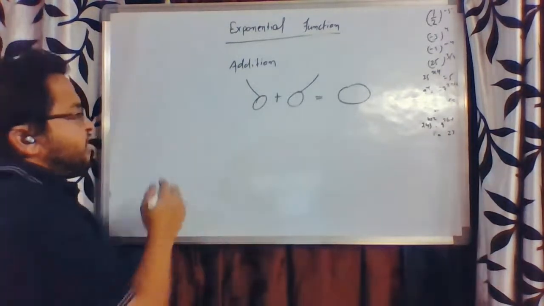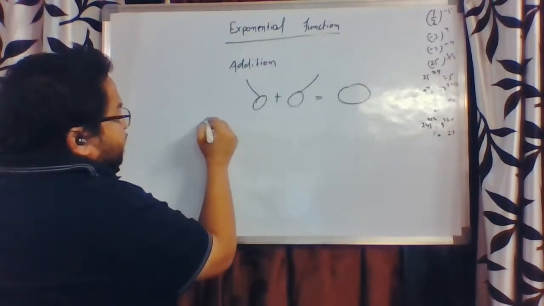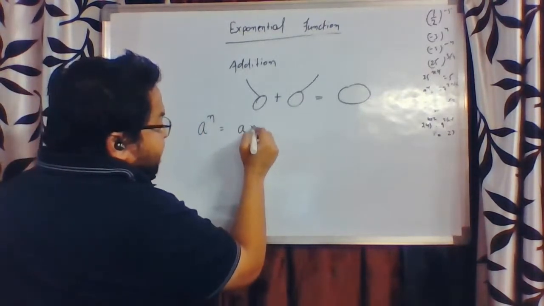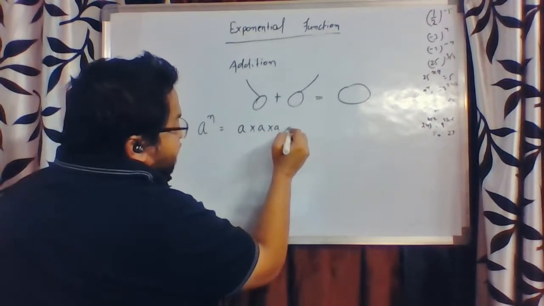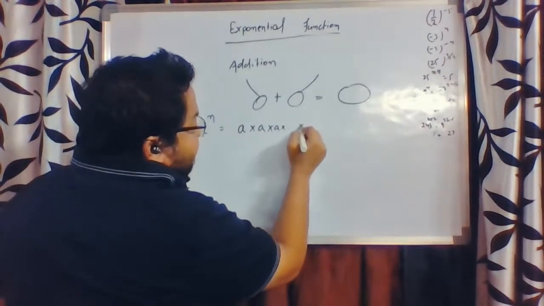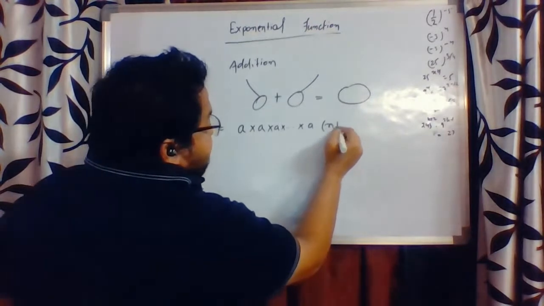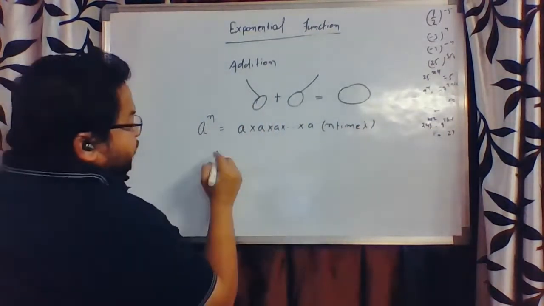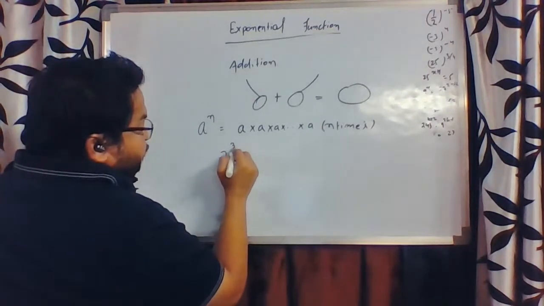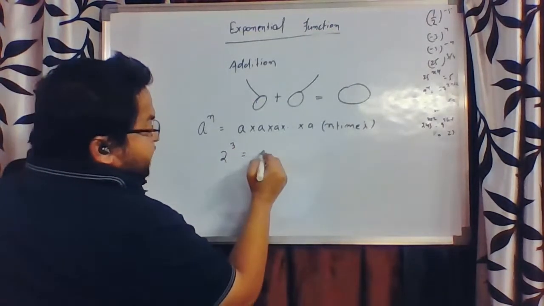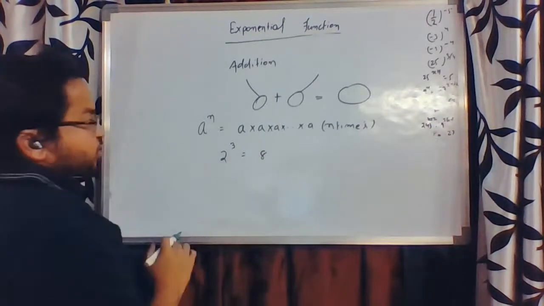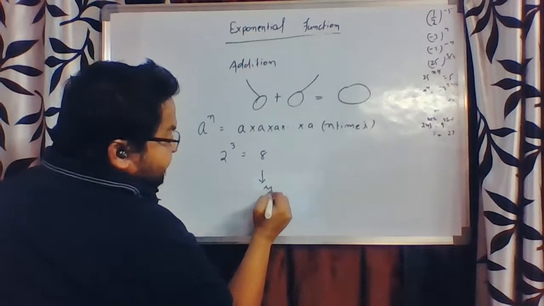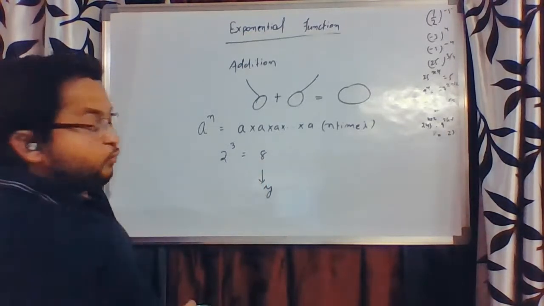So when we say a to the power n equals, it's nothing but a multiplied with itself n times. Following this rule, when we say 2 to the power 3, that would be 8, right? In mathematics, I can denote it as a dependent variable y.